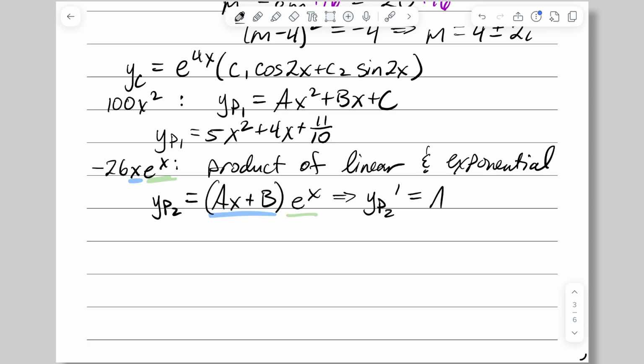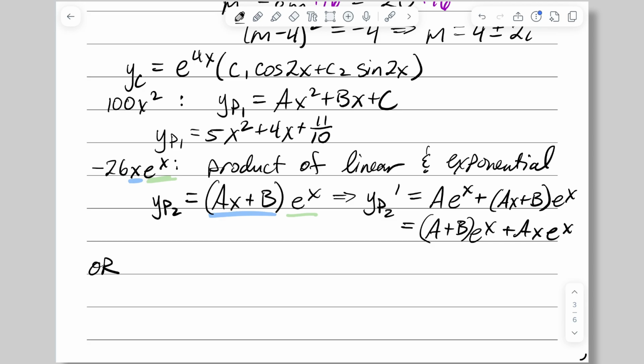Blue prime is a, and then green is e to the x, plus blue, which is ax plus b, times green, which is e to the x. And then if we want to, we can collect some like terms here, and we have a plus b e to the x plus ax e to the x for our first derivative.